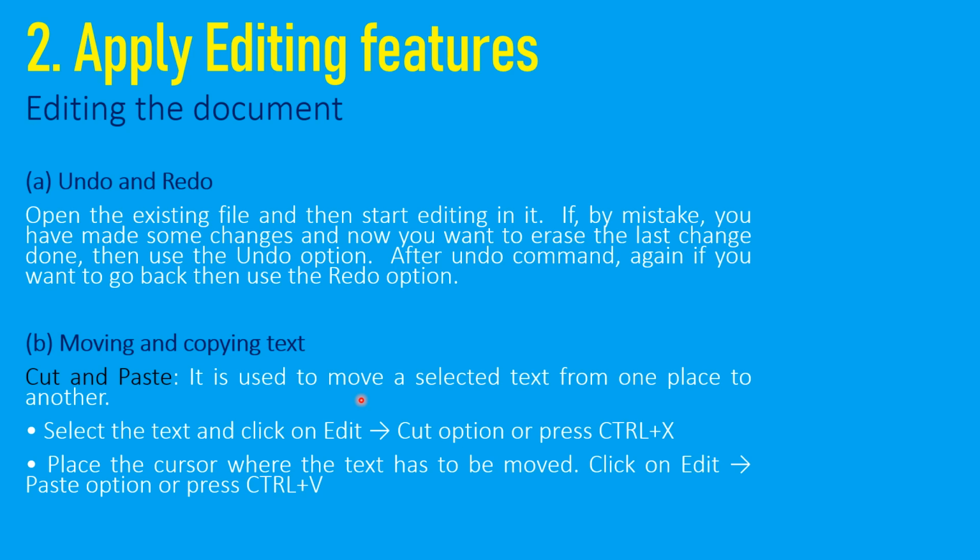Now, go to the edit menu, press the cut option, or you can use the shortcut key Ctrl plus X. Now, place the cursor where you want to move the text. Click there, then again go to the edit menu and press the paste option, or you can use the shortcut key Ctrl plus V.